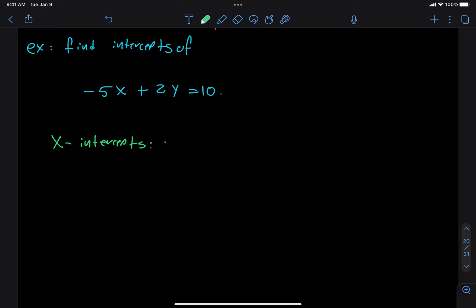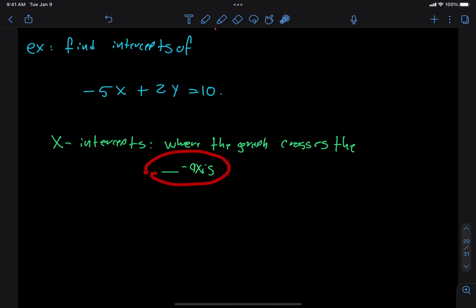And x-intercepts are where the graph crosses the blank axis. What goes in my blank? An x-intercept is where the graph crosses the x-axis.